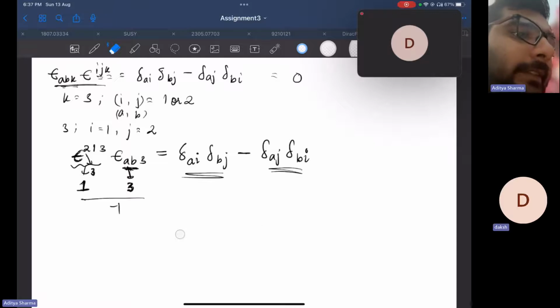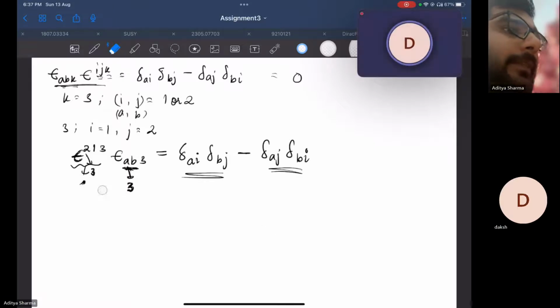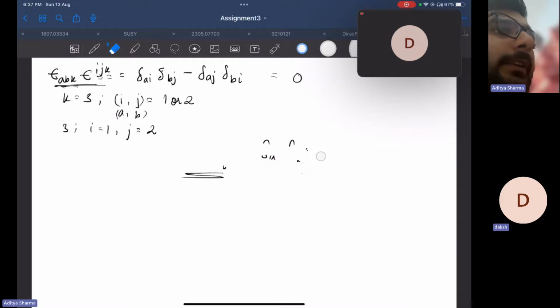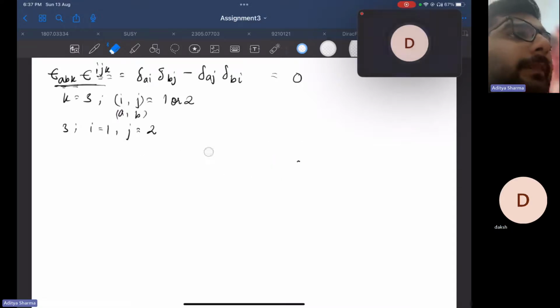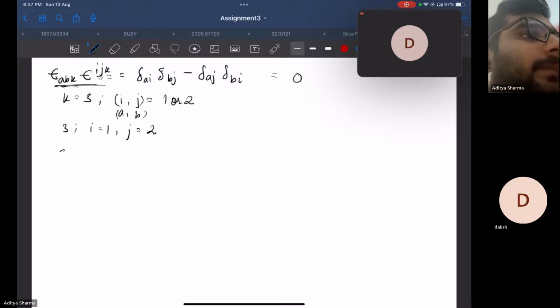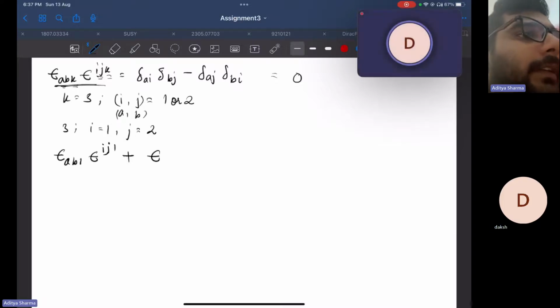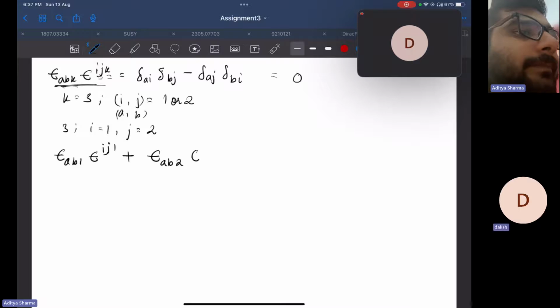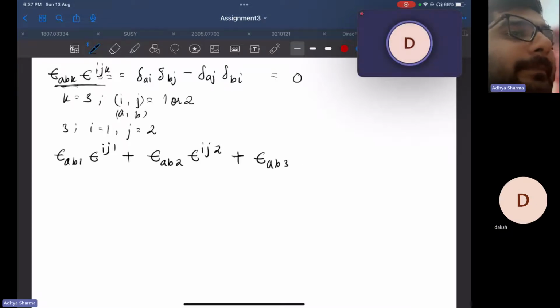I'm sorry. So the identity is gotten like this: epsilon A B 1 epsilon I J 1, plus, since k means summation, epsilon A B 2 epsilon I J 2, plus epsilon A B 3 epsilon I J 3.